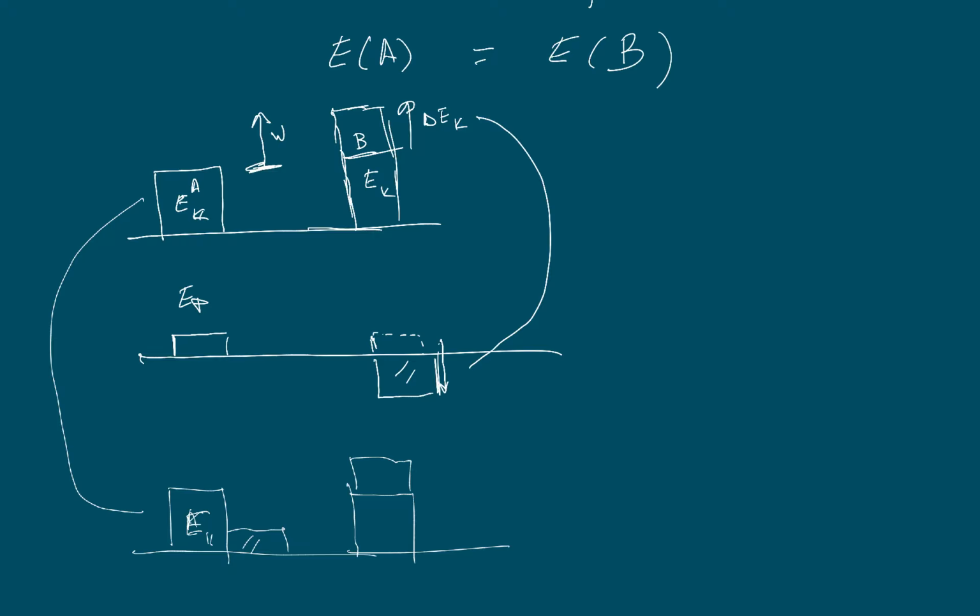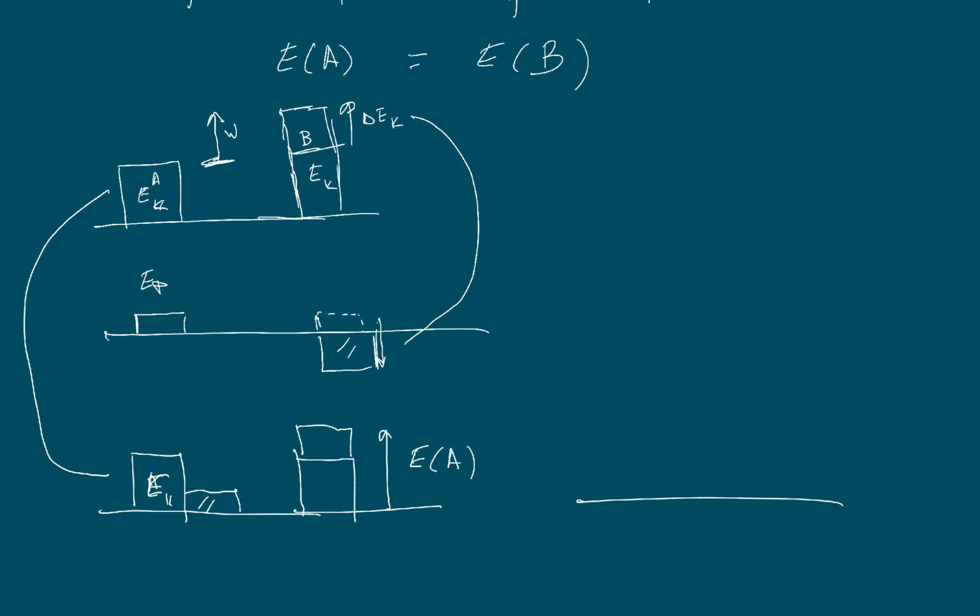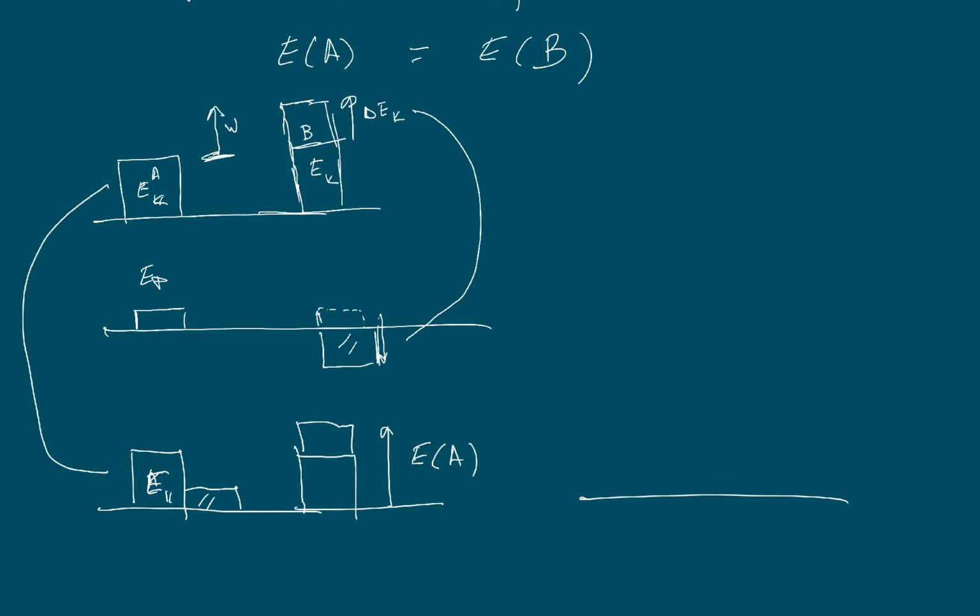This plus this is the total energy at the point A. Now at the point B, see what happened. The kinetic energy has increased. Now the kinetic energy is all of this because I have done work. So the kinetic energy is like this, but the potential energy is like this.